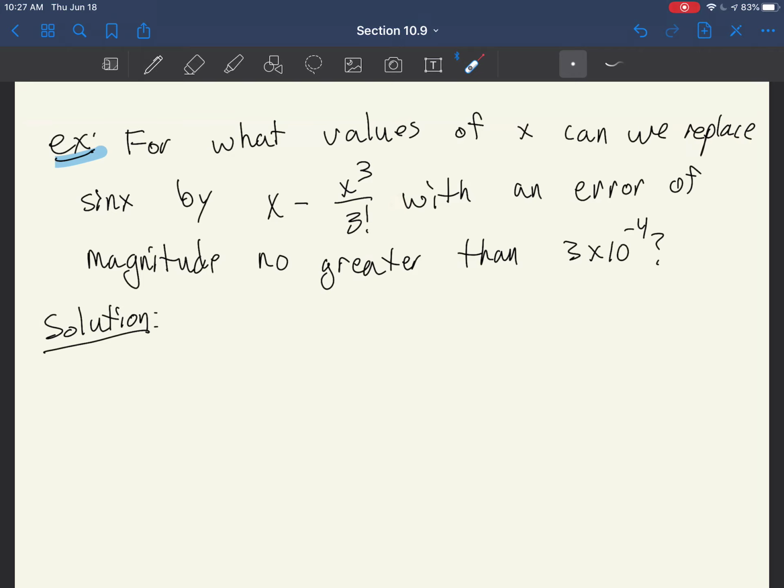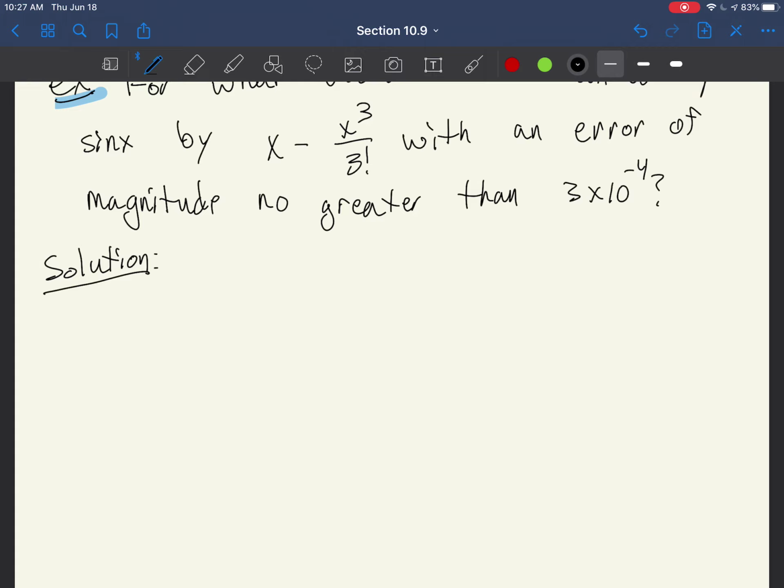So notice this is x minus x cubed over 3 factorial. These are the first two terms of the power series for sine x. So we're really saying for what values of x does the degree 3 Taylor polynomial approximate sine x with error no greater than 3 times 10 to the negative fourth.